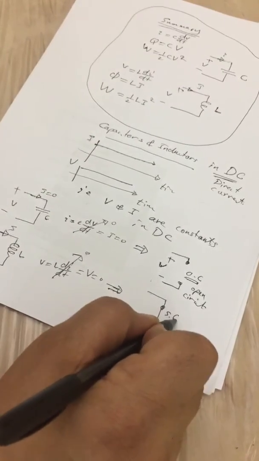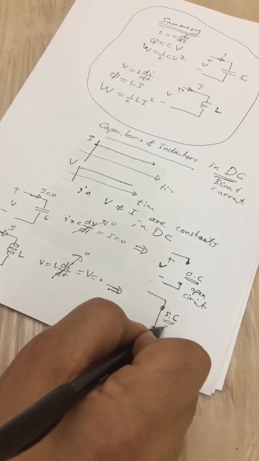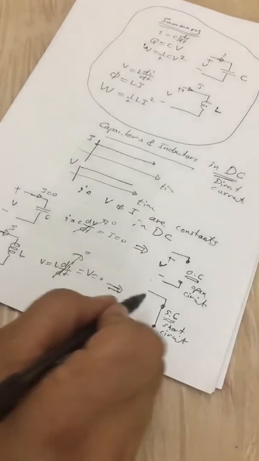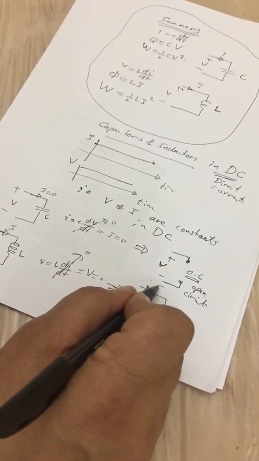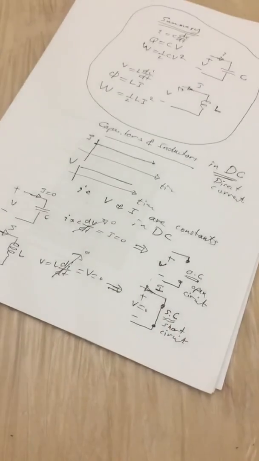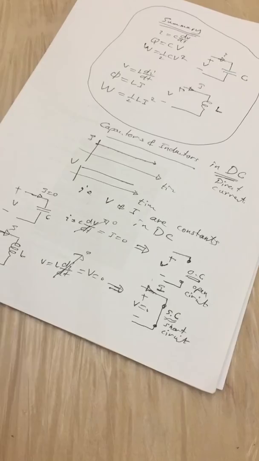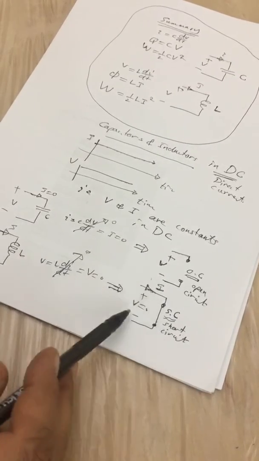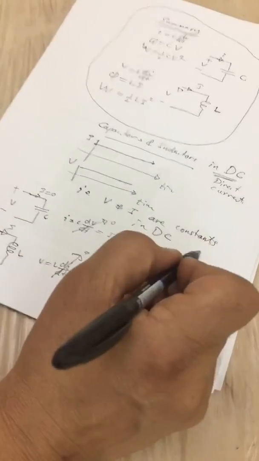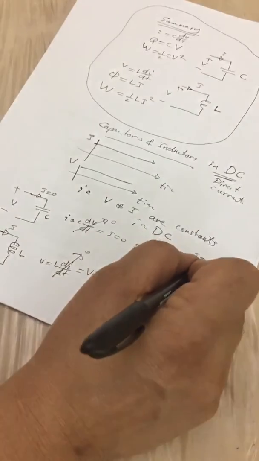Short circuit means a resistor of 0. We call it short circuit. Short circuit means we have an I, but V equals 0. So if we have an inductor in a DC circuit, it means a short circuit, we have a current, but we don't have a voltage. The voltage is 0. While if we have a capacitor, we don't have a current, I equals 0, but we have a voltage. Okay, that's the main difference.